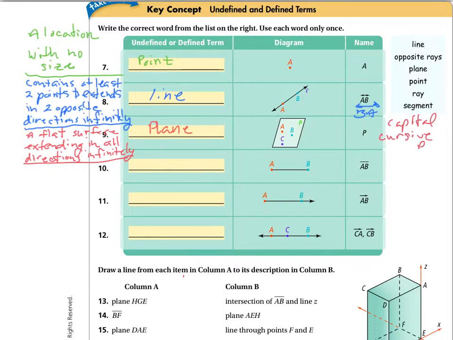So the other way I could name this plane is just by calling it A, B, C. Nothing above it, nothing in front of it, just 3 capital letters A, B, C, in whatever order I want. It could be BCA, CAB, whatever order of those 3 points that are not on the same line is also another way to name that plane.